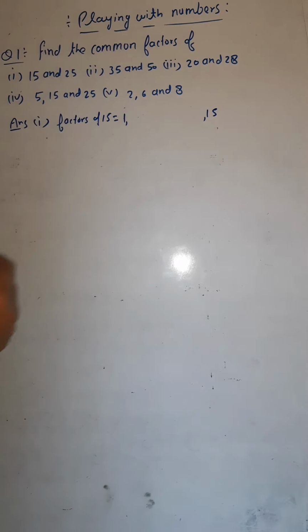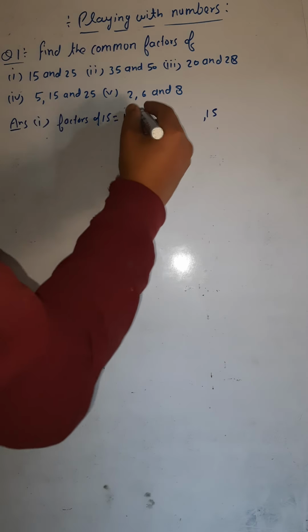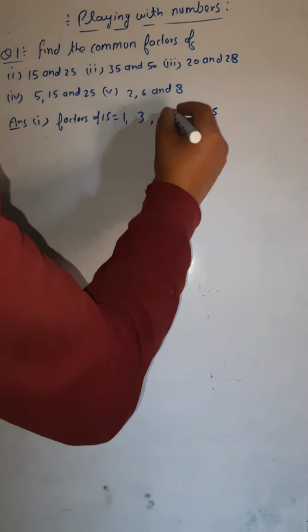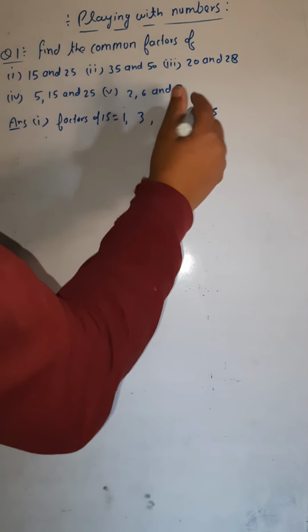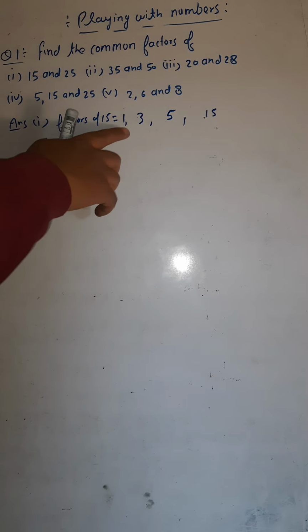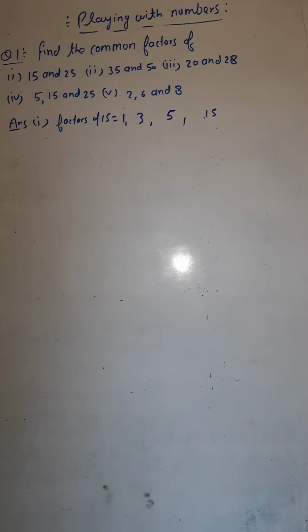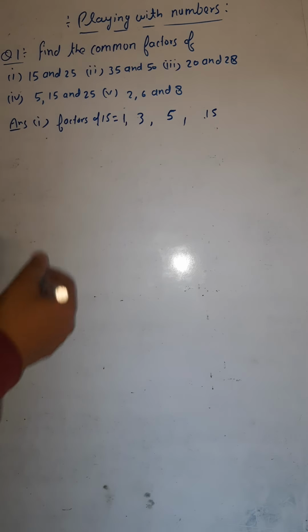Is it divisible by 2? No. Yes, it is divisible by 3, 5 times, since 3 5s are 15. Not 4, not 5 times. Now no other factors are there. So these are the factors of 15.